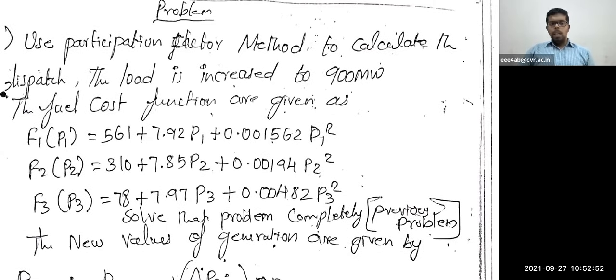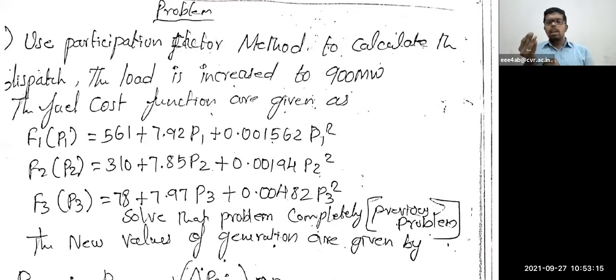Okay, so now what we have to do is solve this problem by using the previous technique, whatever technique is very convenient to you. The convenient methods for solving economic load dispatch are the lambda iteration method, the gradient method, and the participation factor method.